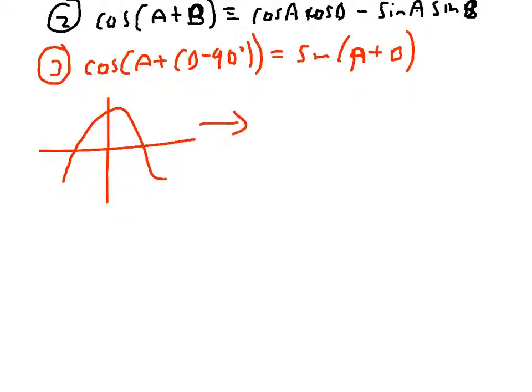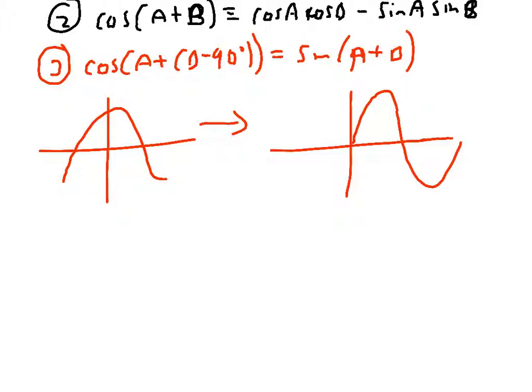And if it's translated by 90 degrees towards the right, we actually get the sine graph like so. So it makes sense that cos A plus B minus 90 is actually the same as sine A plus B.